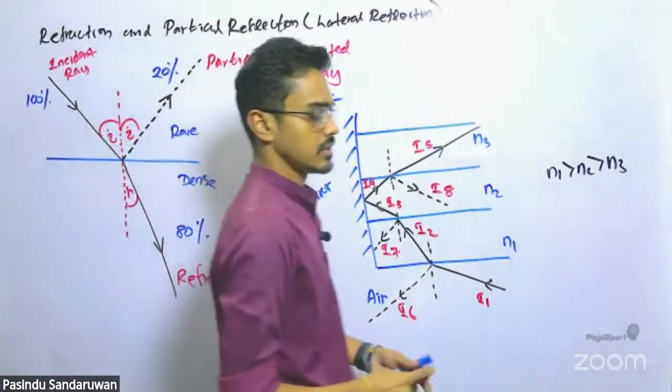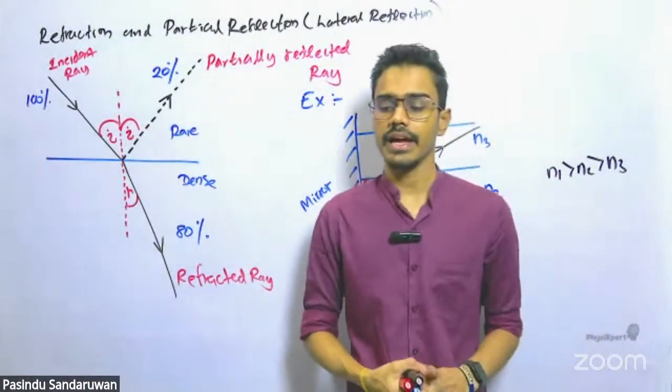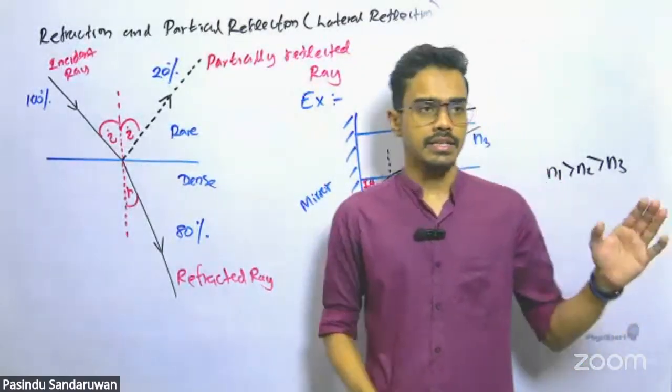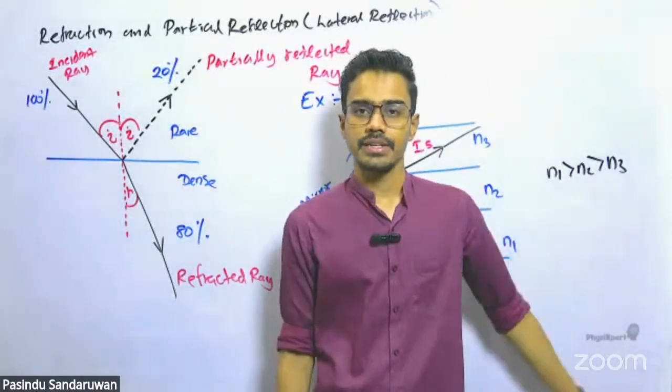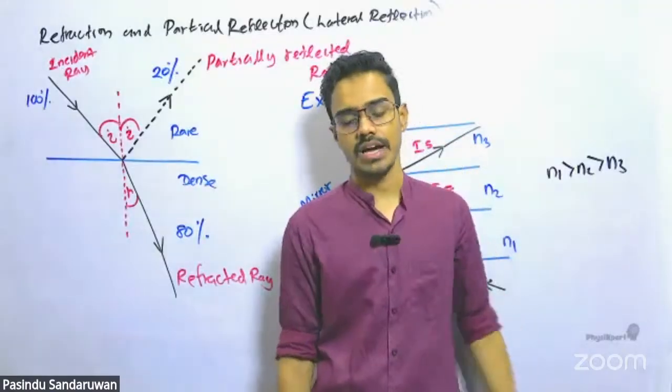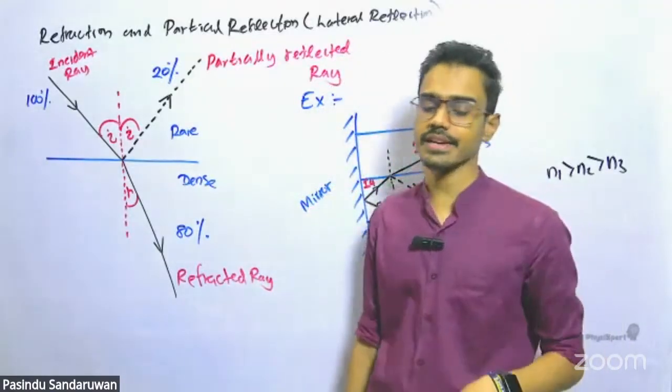So what we are going to find is, I need the descending order of intensities of these light rays.